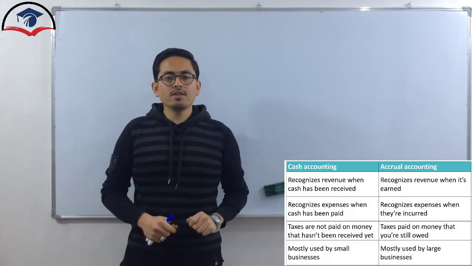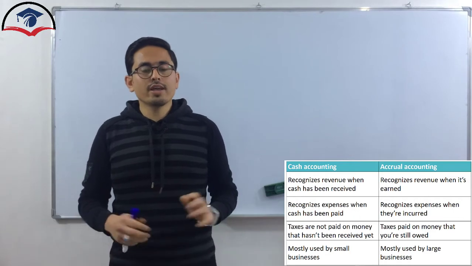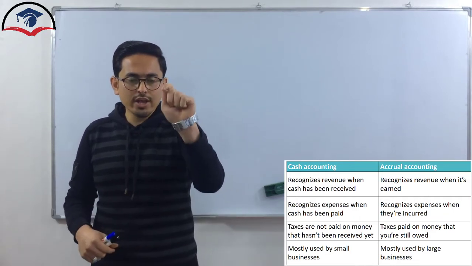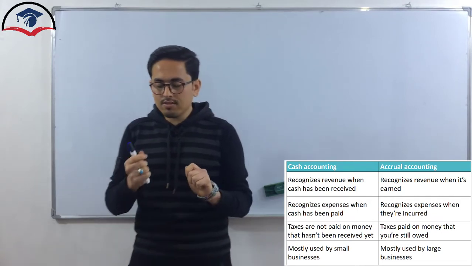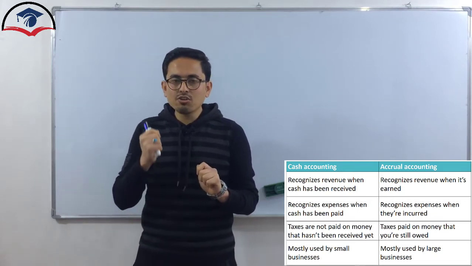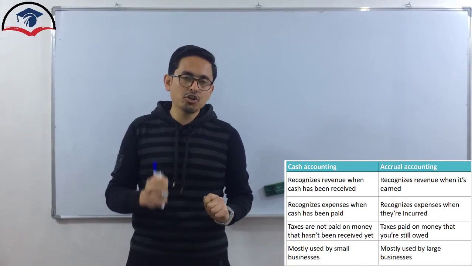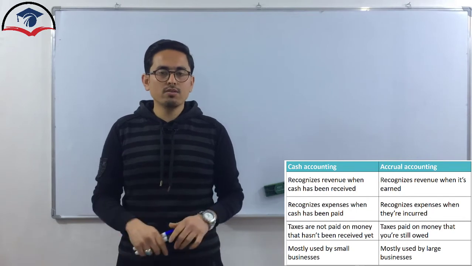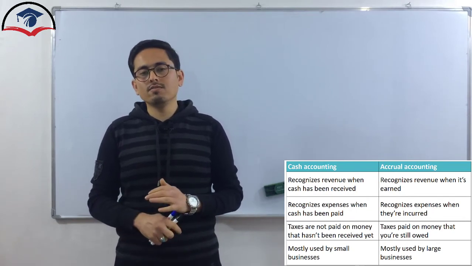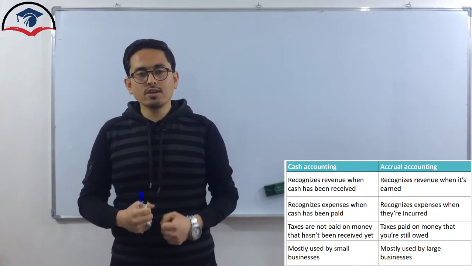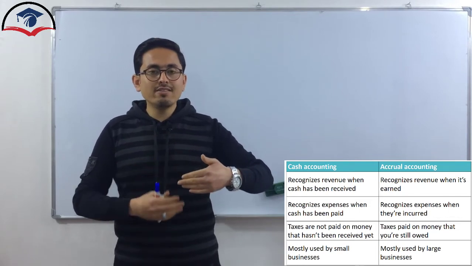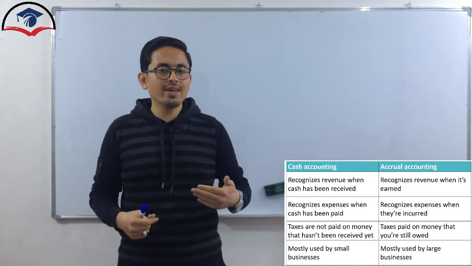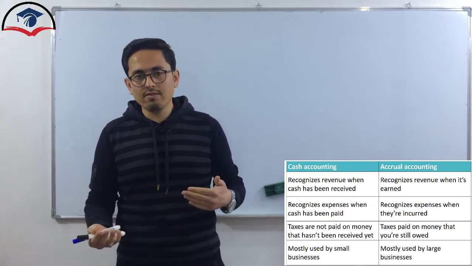Let's go to the specific differences between them. Cash accounting recognizes revenue when the cash has been received. So the cash basis will say this is my revenue when I actually receive that cash in my hand. But in accrual basis of accounting, they don't care about when they will receive the cash. They only recognize revenue when the basis of recognition has been met: they have sent the invoice and delivered the product or the service or whatsoever.